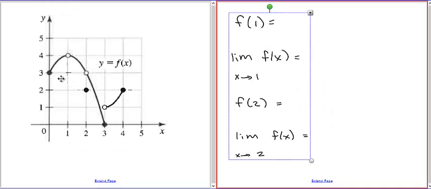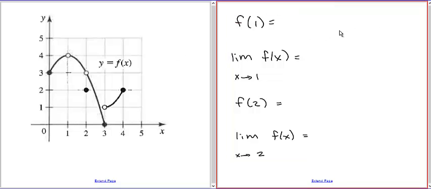Now at f of 1, so here's at x equals 1, the function does not exist. Got this hole. Now the limit is going to be equal to 4 because whether we approach from the left-hand side or the right-hand side, we're still approaching y equals 4.